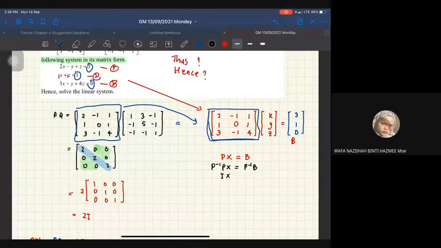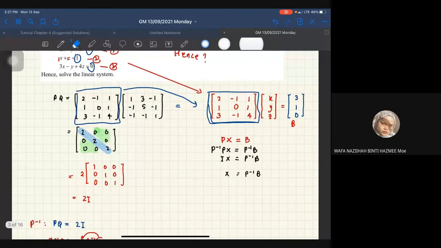So you just substitute the value of P inverse. You already found P inverse earlier, so you just substitute it back. I copy it back here and paste it over here.